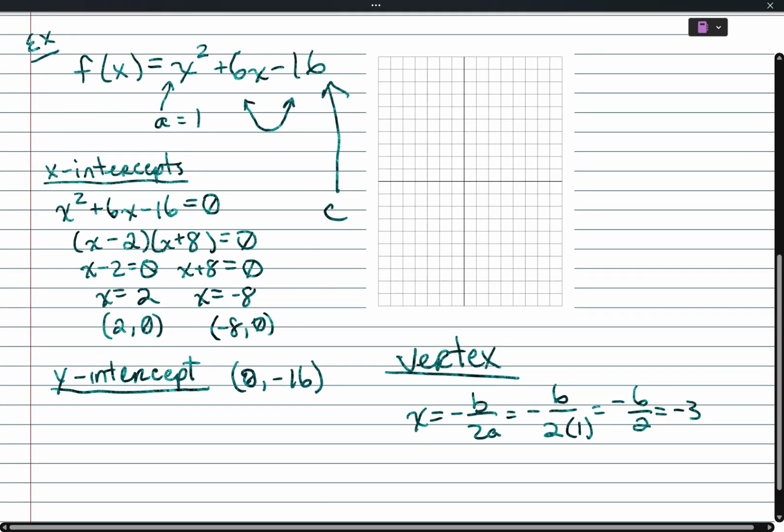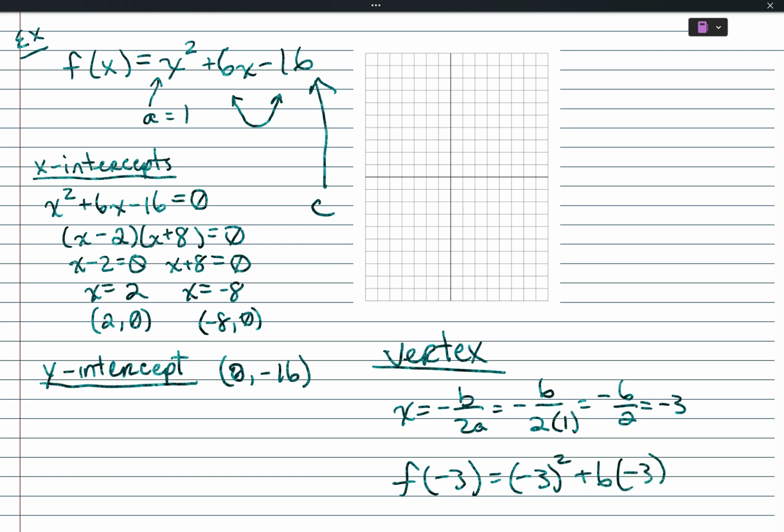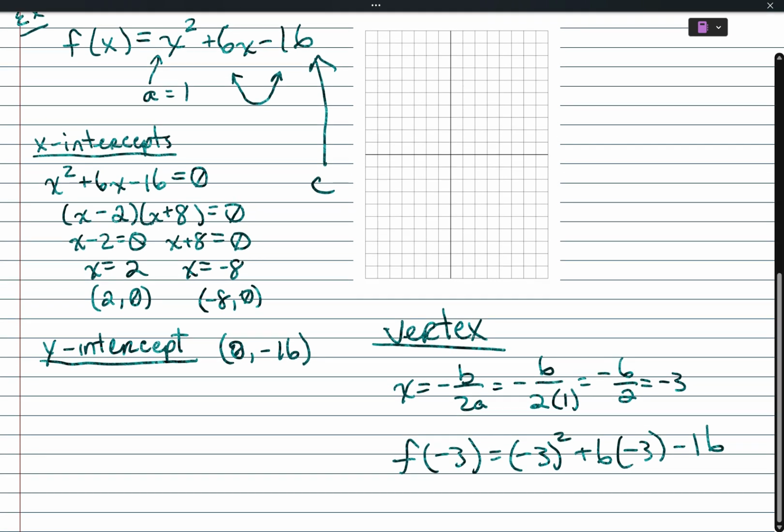And then I believe I said to take that negative 3, we're using f of negative 3, and we're plugging back into the original function, the x squared plus 6x minus 16. So negative 3 squared plus 6 times negative 3 minus 16. Crunching the numbers a bit, we should get 9 minus 18 minus 16.